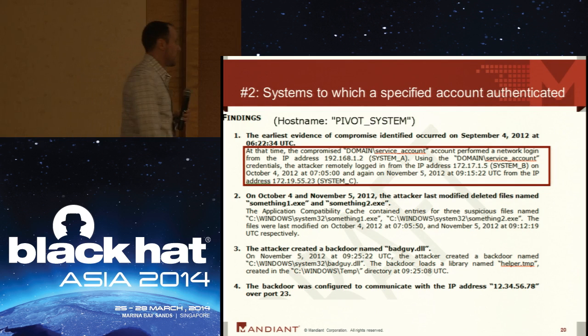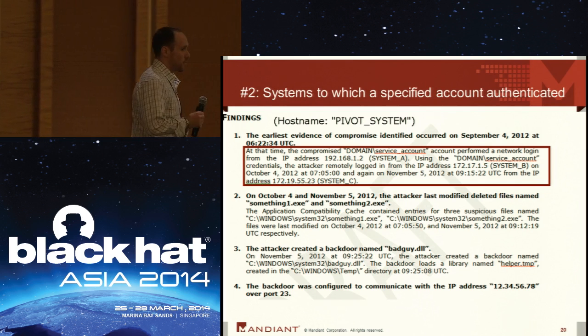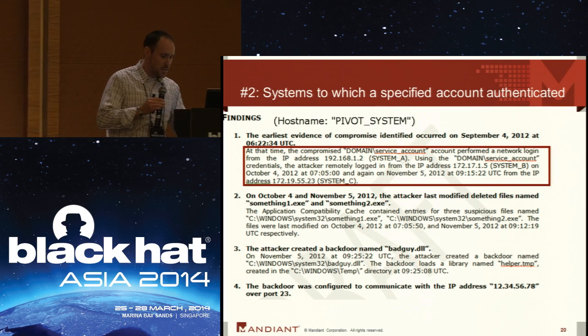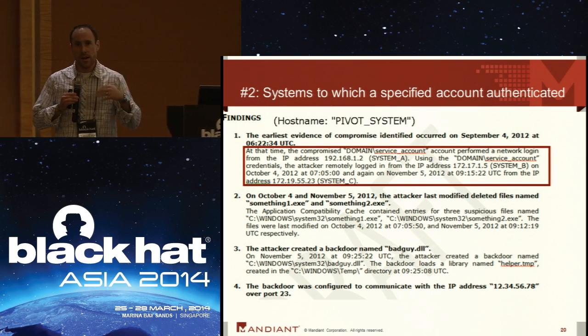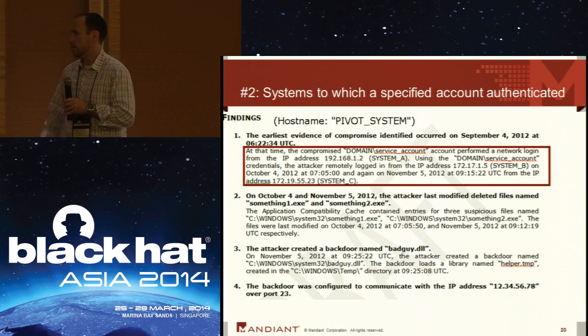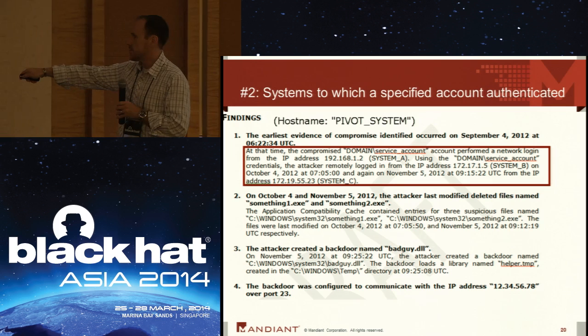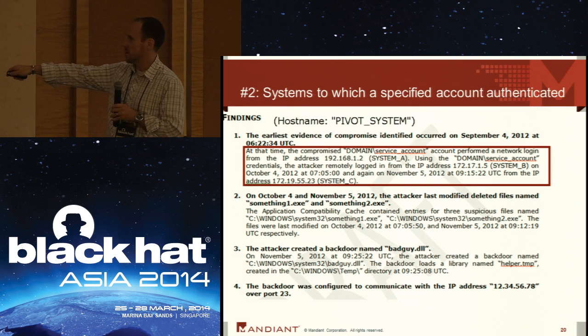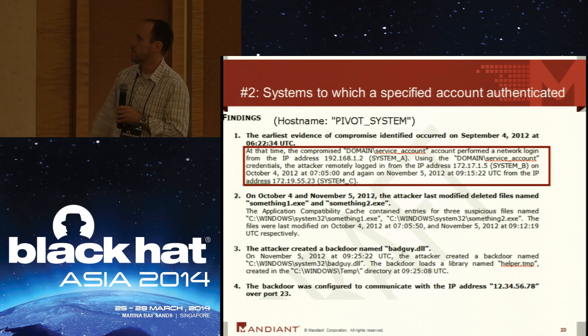Okay. So moving on, the second capability that I wanted to highlight is systems. You want to find out which systems a particular account authenticated to. So this is an excerpt that I sanitized from the top of a triage report. Call this hostname pivot system.